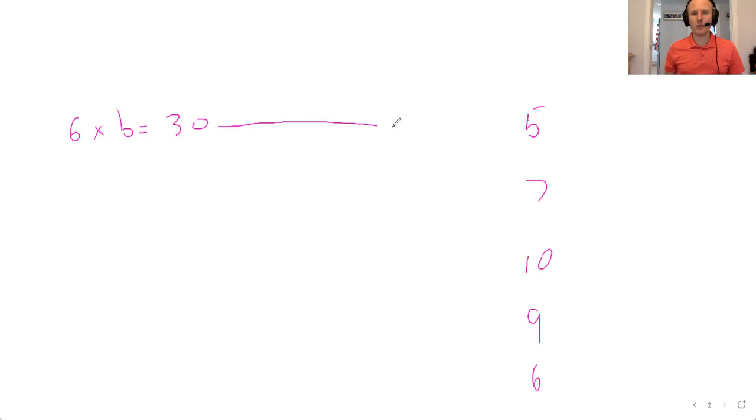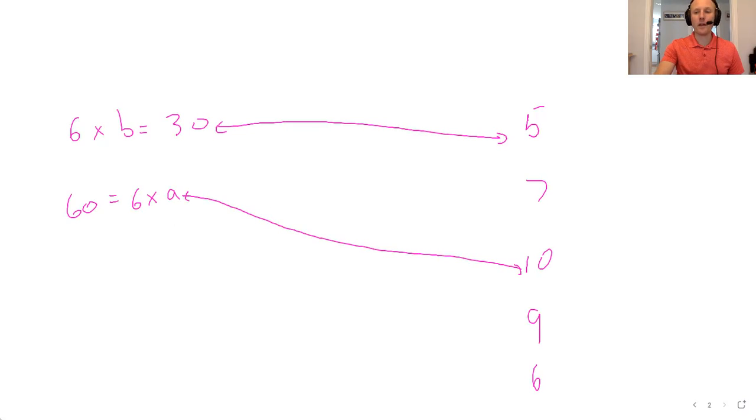And you're going to eventually pair them up and say that those two go together. And then you might have 60 equals 6 times a. So you'll have that sort of practice today as well. And then you're going to get into word problems, and that's where the bulk of our work comes today. So let's dive right into that next.